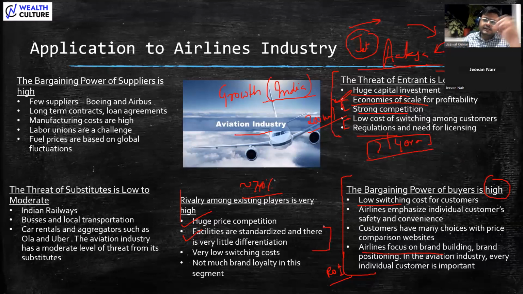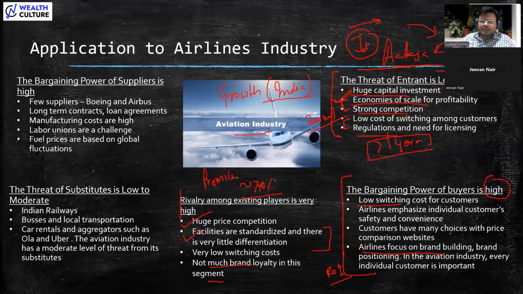But creating differentiation is very difficult, because ultimately it comes down to the same seating, the same food, more or less. And if you are relatively on time, then there's not much difference, and there's not much brand loyalty also. So rivalry is very high. You are in no position to charge a premium here.